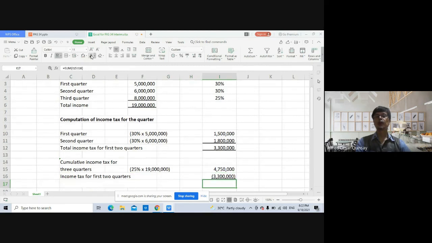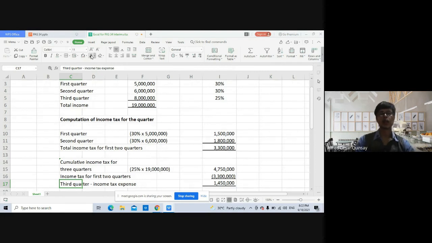The difference would be the income tax for the third quarter. This is the income tax expense. As we can see, we computed the income tax just like how we compute it in an annual setting.